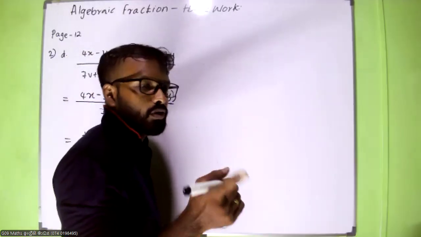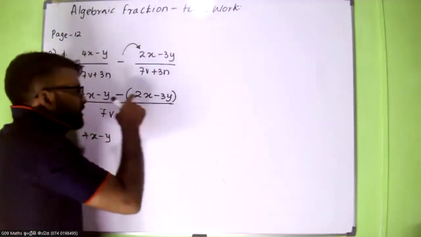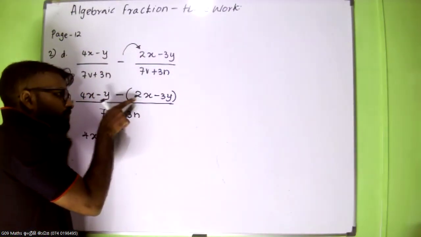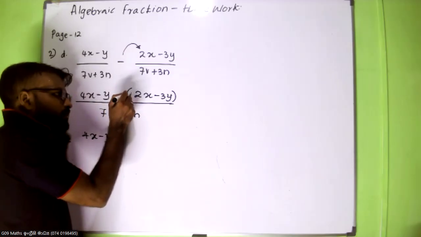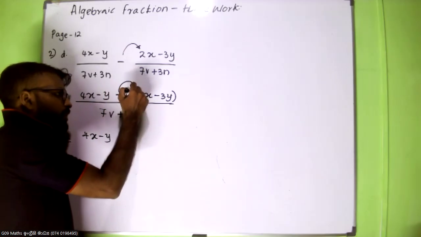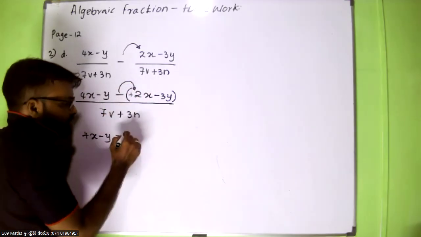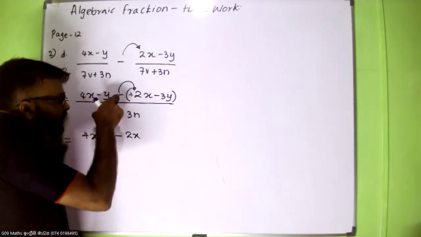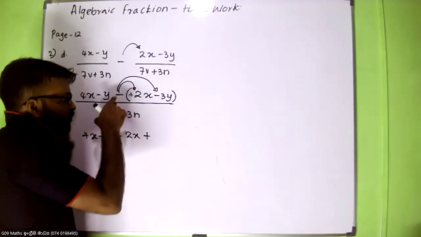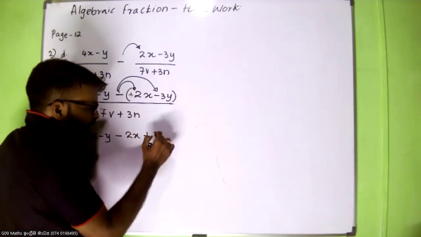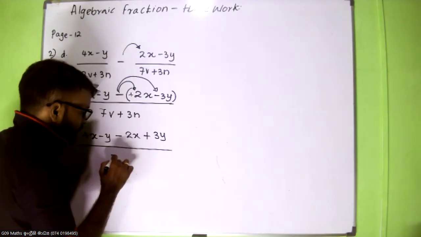If you want, you can refer to the paper class recording. Here you have a negative sign. This is 2x, and what about the sign of this 2x? It is positive. Negative into positive, negative. 1 times 2x, 2x. Negative into negative, positive. 1 times 3y, 3y. So that is how we are going to simplify.